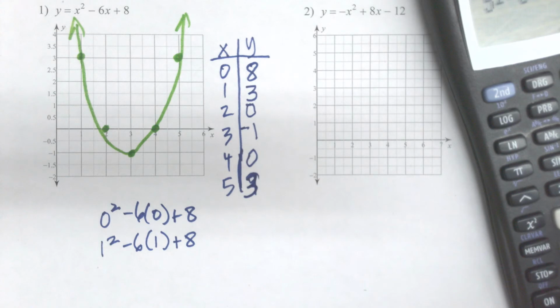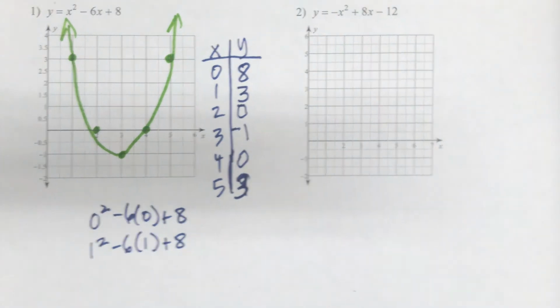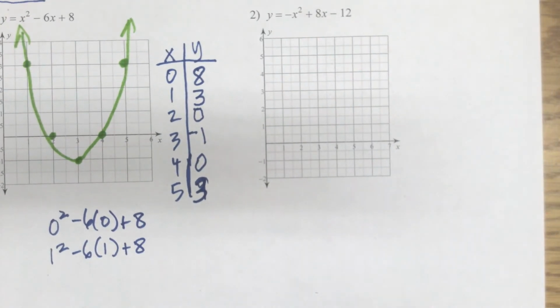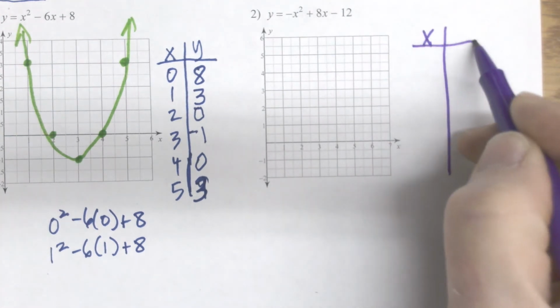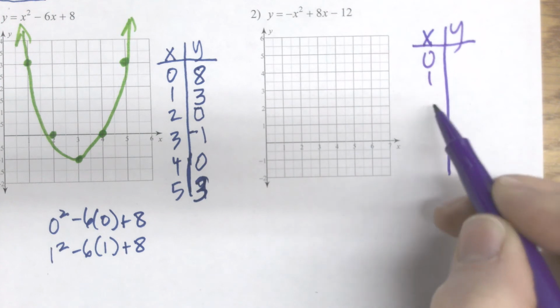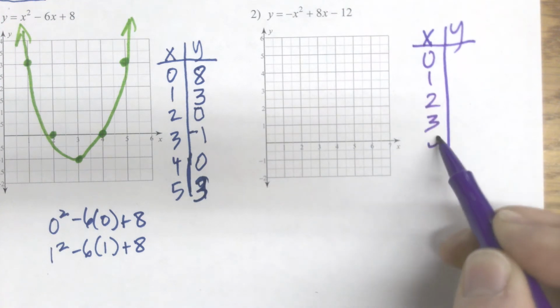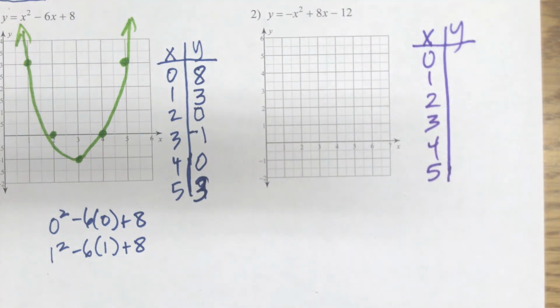So again, when you pick your values, just pick them off the graph. So again, I'm going to do the same thing on this one. I'm going to go from 0 to 5, see what I get, see what happens. This time I have a negative in front. I don't want to forget that.